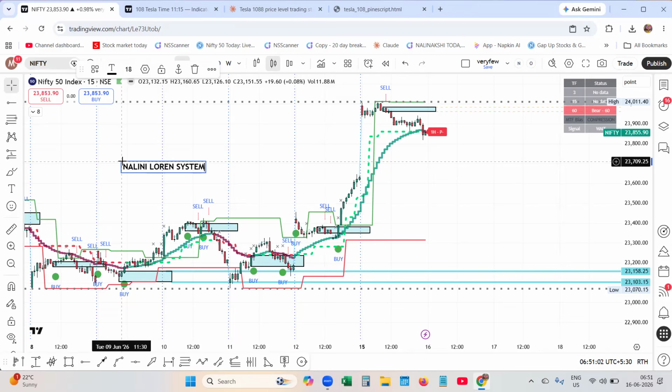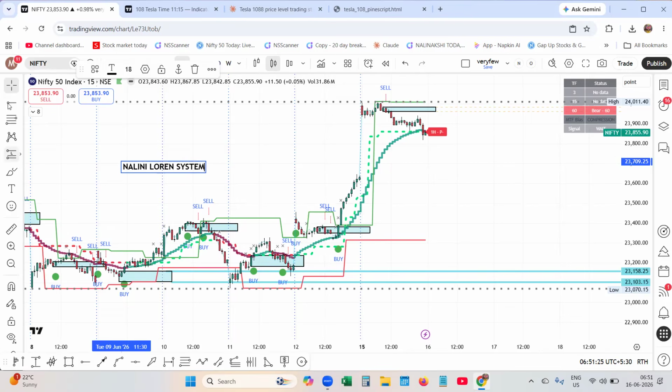It is the market structure with the higher high, higher low, and incorporated trend filter, range filter, and it will also give you range breakout. This is the complete system for the market structure.